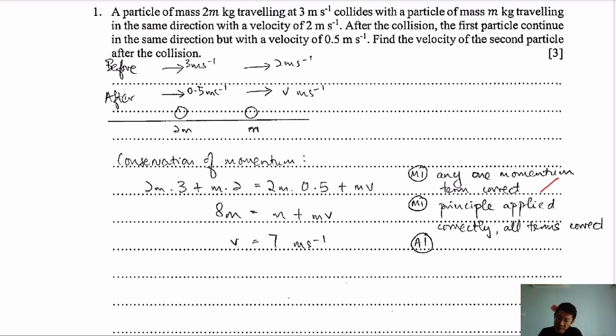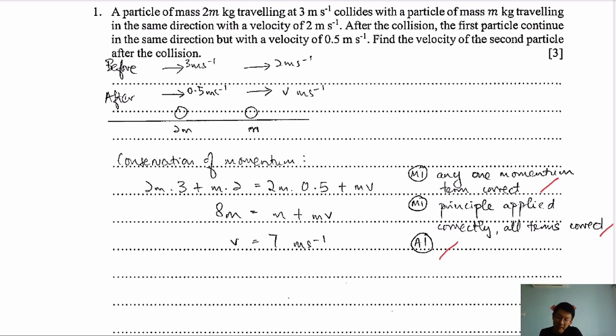The second mark is when all the terms are substituted correctly. And the last mark is when we find the value of v of the second particle, by getting the correct answer. So I guess for the first question, it is not difficult to do.